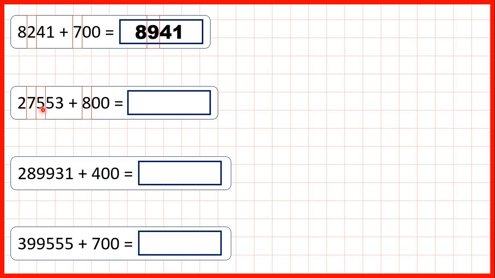Then we have 75 plus 8. That comes to 83. So instead of the 7 and the 5, we'll have an 8 and a 3 for 83. And all of our other digits that we've not highlighted will stay the same. So that's 28,353.